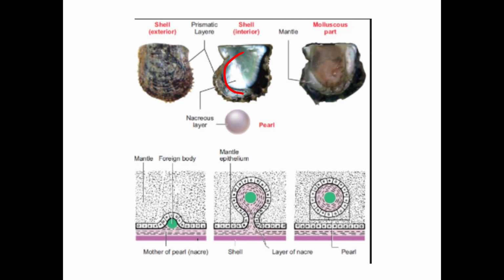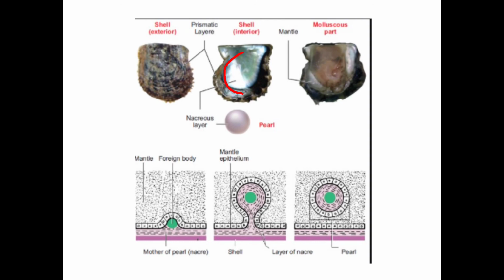Okay. Then next is about the pearl formation. Pearl formation is actually a defense mechanism. When a foreign particle is entrapped in the body of the pearl oyster, so many organic substances will be secreted and deposited around the substance. It is to eliminate that particular body.